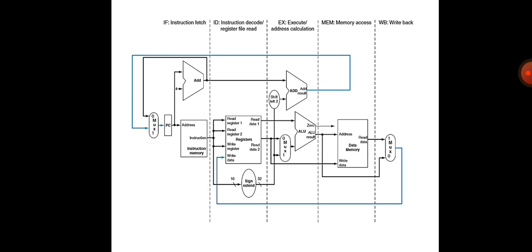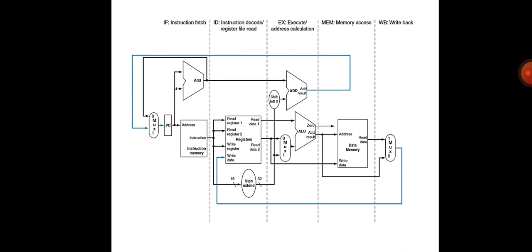The second stage is instruction decode or read register file. Here the instruction is decoded and the registers in the instruction are read from the processor register. In the third stage, execution or address calculation is done. For the arithmetic and logical instructions, arithmetic and logical operations are done, and for the load and store instructions, address calculation is done.